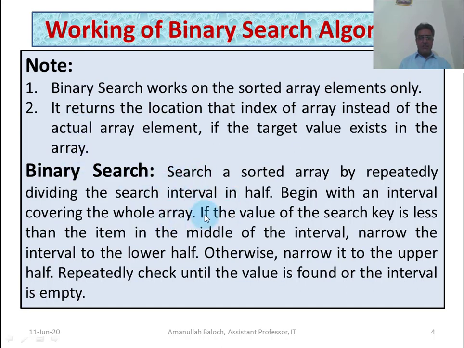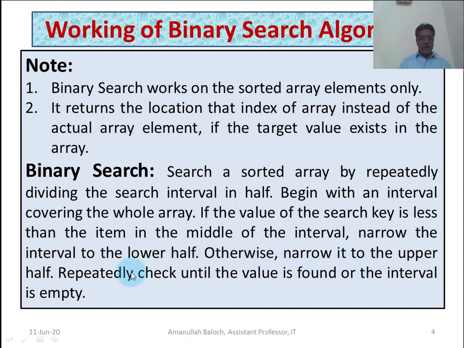If the value of the search key is less than the item in the middle of the interval, it means if the target value is less than the item in the middle of the interval, narrow the interval to the lower half. If the target value is less than the middle value of the array, then it will accept the lower half of the array.